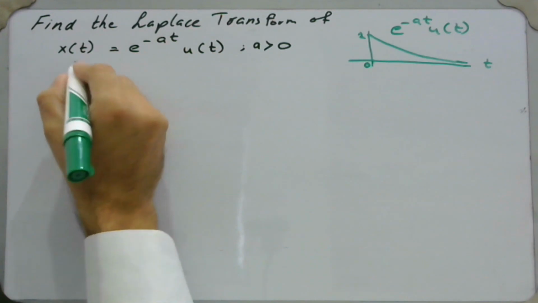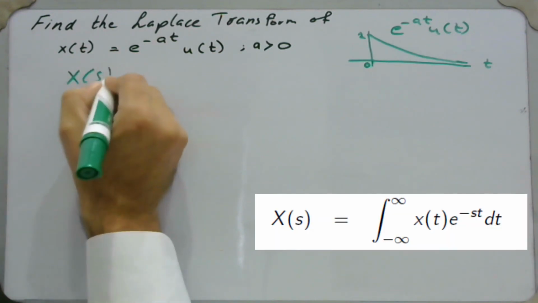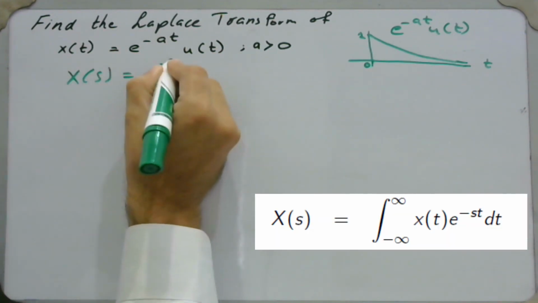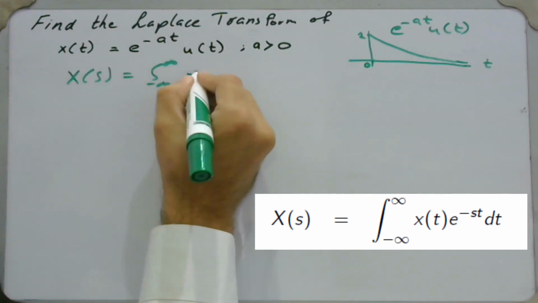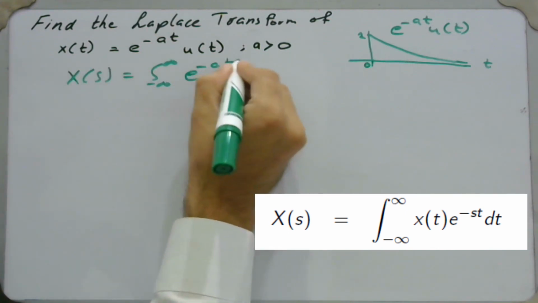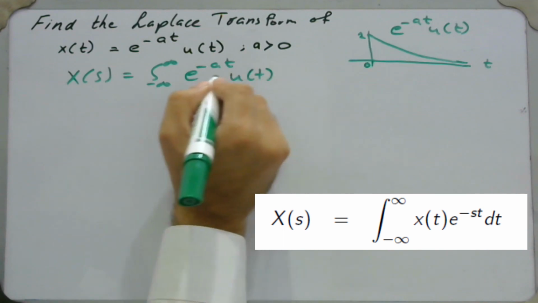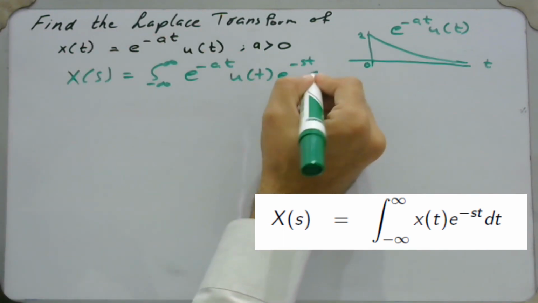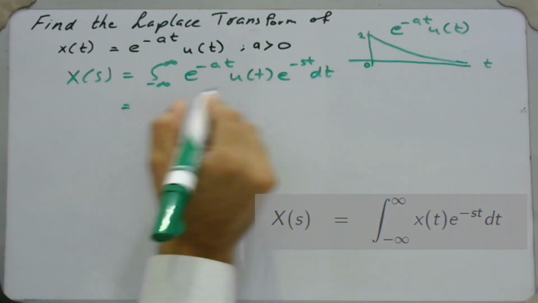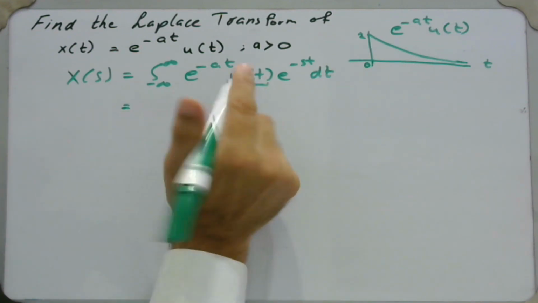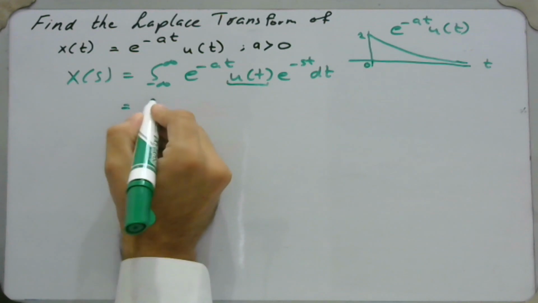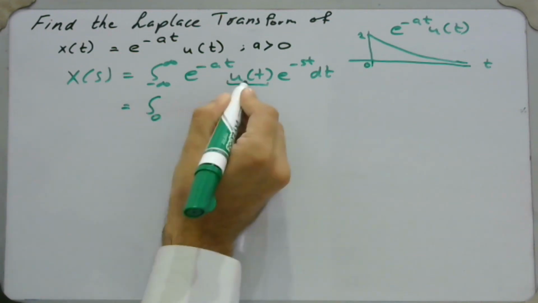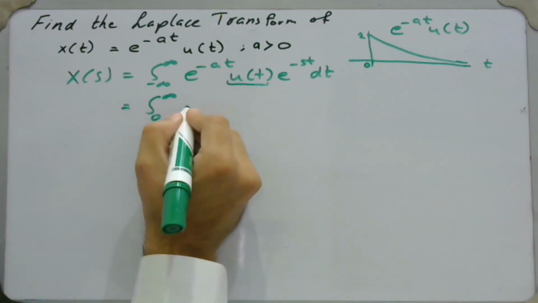In order to find the Laplace transform of this, we know that X of s is the integral from minus infinity to infinity of x of t, which is simply e^(-at) u of t, multiplied by e^(-st) dt. In the second equality, we absorb the unit step function in the limits of this integration, so the integration would start from 0 and go to infinity.